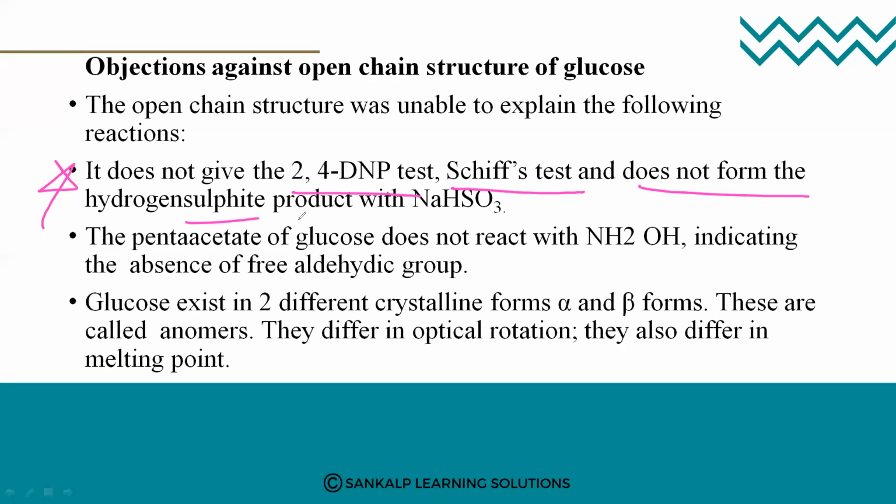The open chain structure of glucose could not react with the DNP test. The Schiff test means it should give you a pink color, but it could not give a pink color with Schiff reagent, and it does not form an addition product with sodium bisulfite. So this was the first limitation.